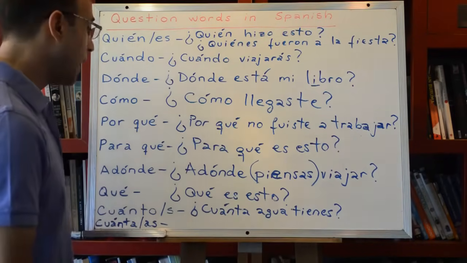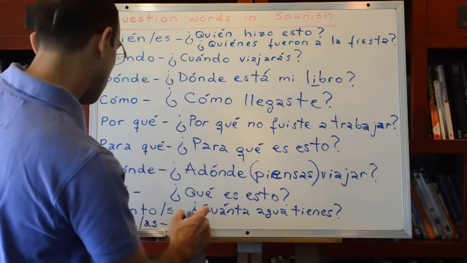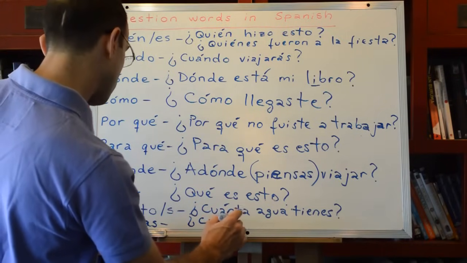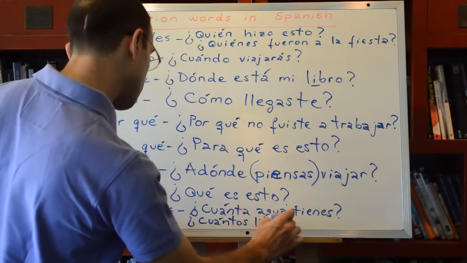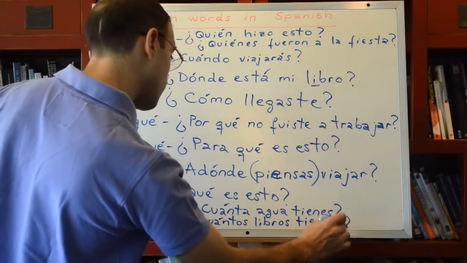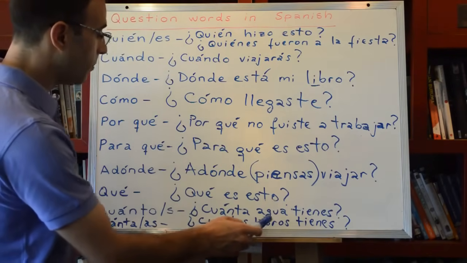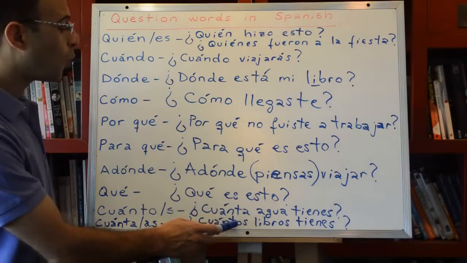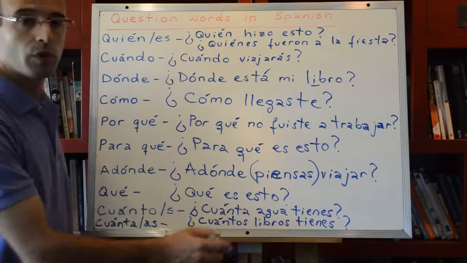Now, let's use countable, right? ¿Cuántos libros tienes? How many books do you have? You see, here we are not using cuánto or cuánta. We are using cuántos with S, because books we can count.